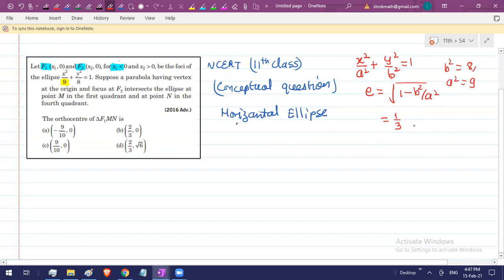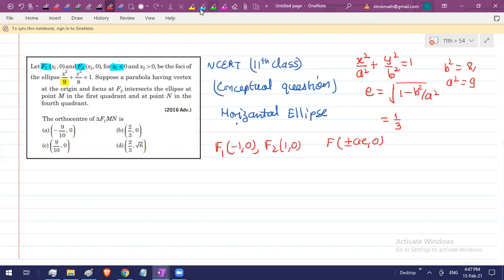And you know very well that foci F1, F2 are plus minus ae comma 0. So according to the question, since F1 has a negative abscissa, F1 is minus 1 comma 0, and F2 is 1 comma 0. And now the parabola.